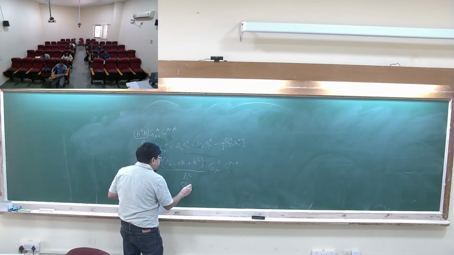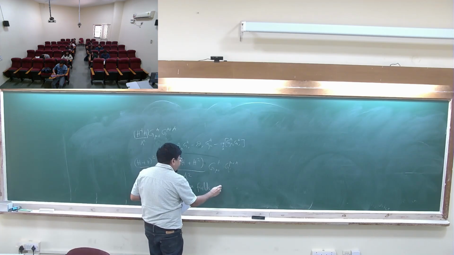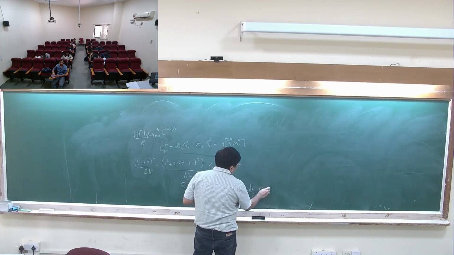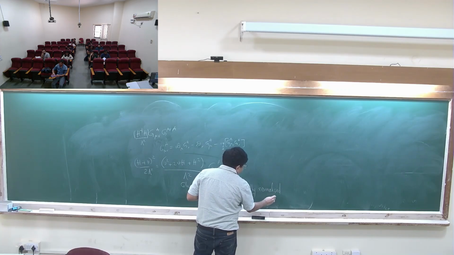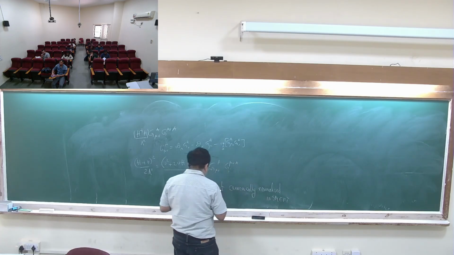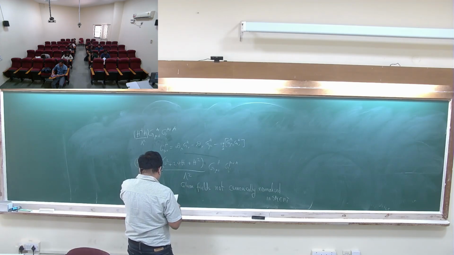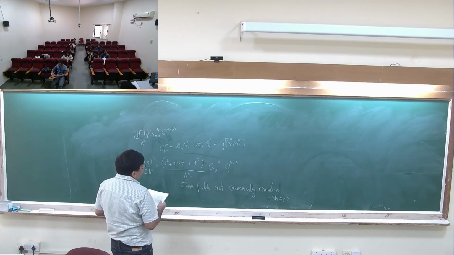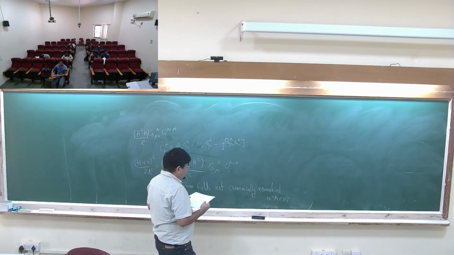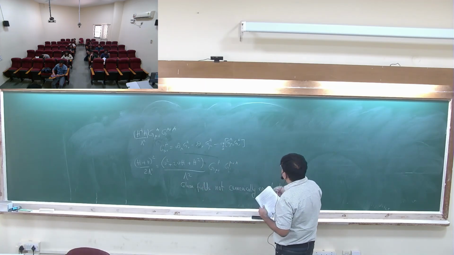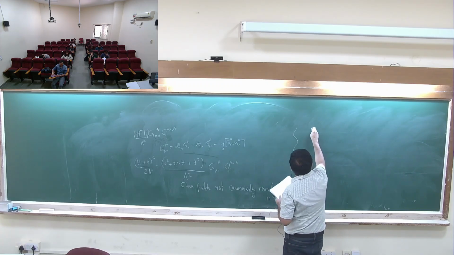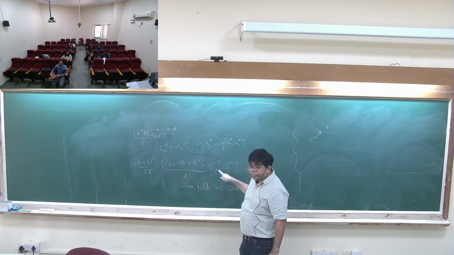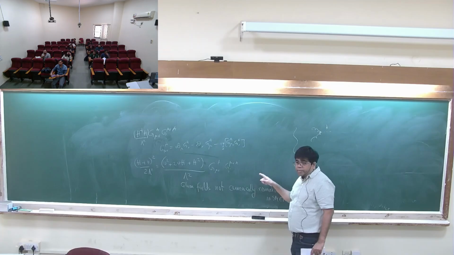So gluon fields, this will also lead to new effects, new vertices, where you have an operator, GGH operator essentially, which is derivative, but it's also possible.